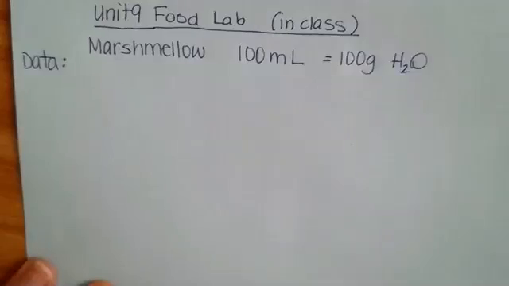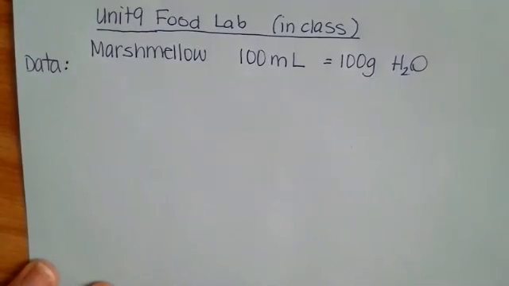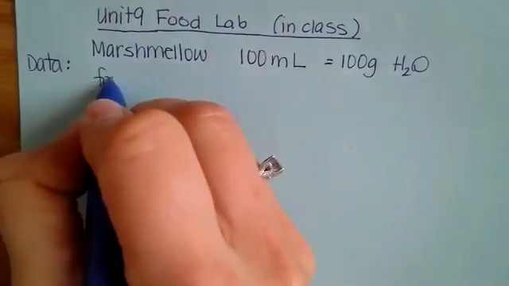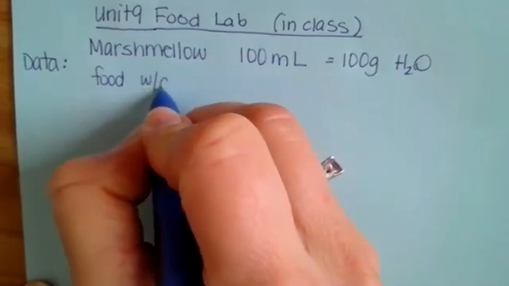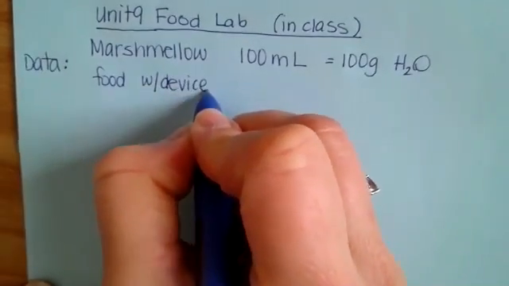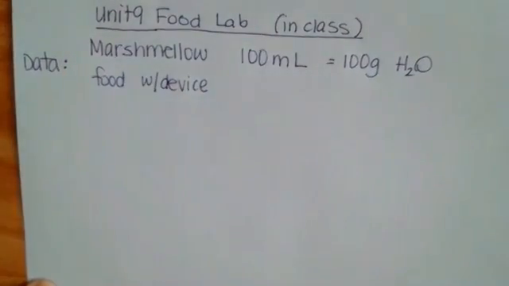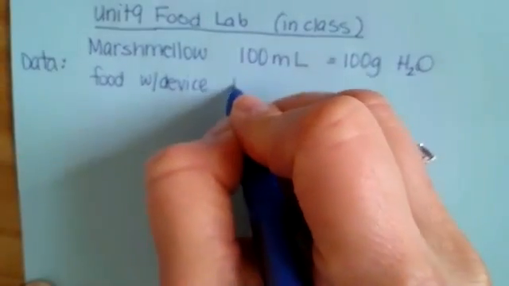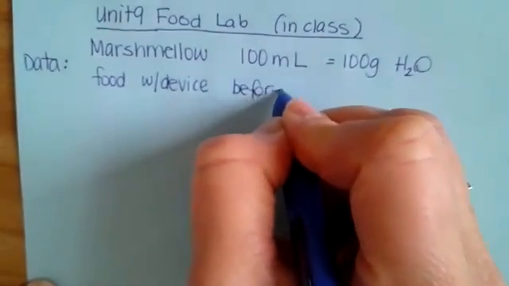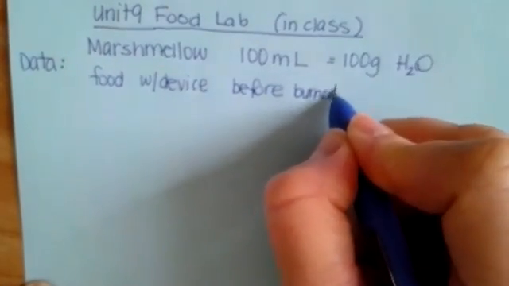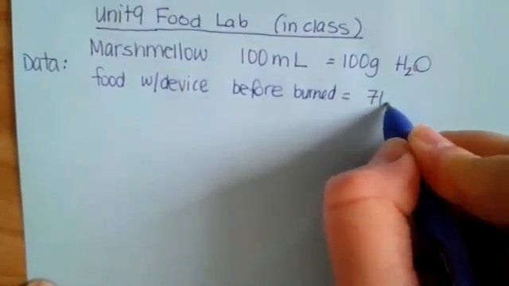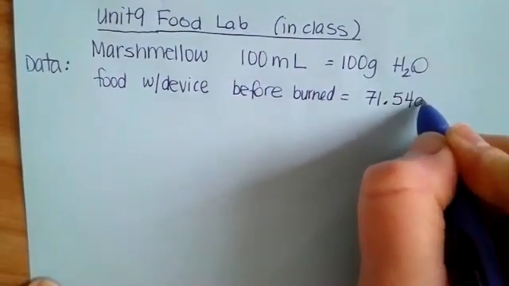Keeps going in and out for focus. Let's make sure we get it focused. And then we had the food, so the marshmallow, with the device. And the device was that cork with the paper clip connected to it. And we measured it. Before it was burned, it measured 71.54 grams.